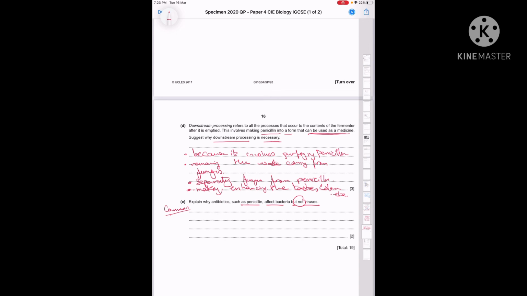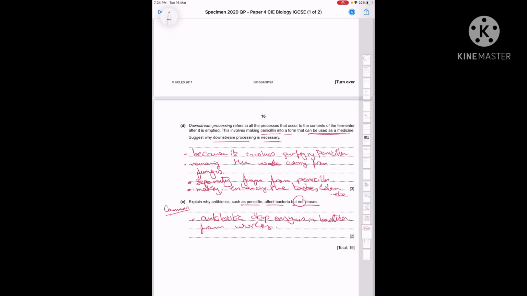So I would say that antibiotics, the way they kill the bacteria, they stop enzymes in bacteria from working, okay?